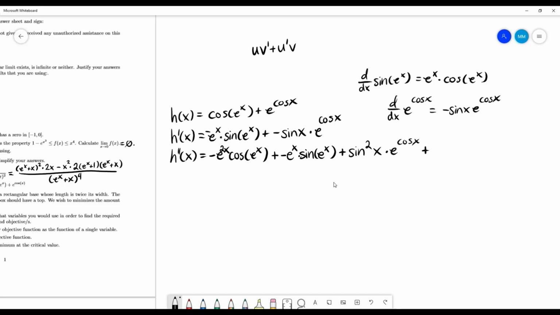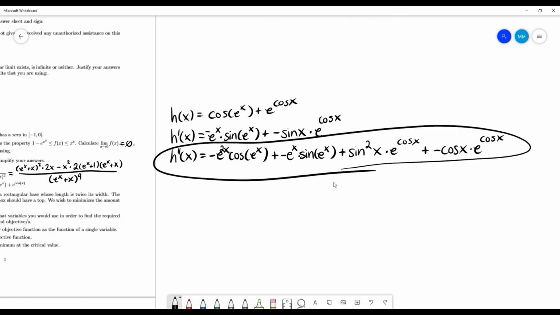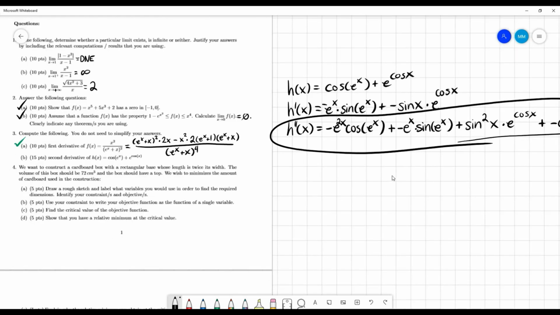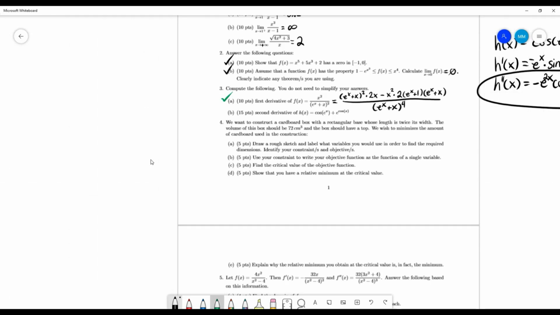And now plus, it's going to be the derivative of negative sine of x times this, which is going to be negative cosine of x. And there we go. That one's a lot, and it's kind of a lot to keep track of. But this is it. And once again, we don't need to simplify, so we can just leave it like that, which is wonderful.